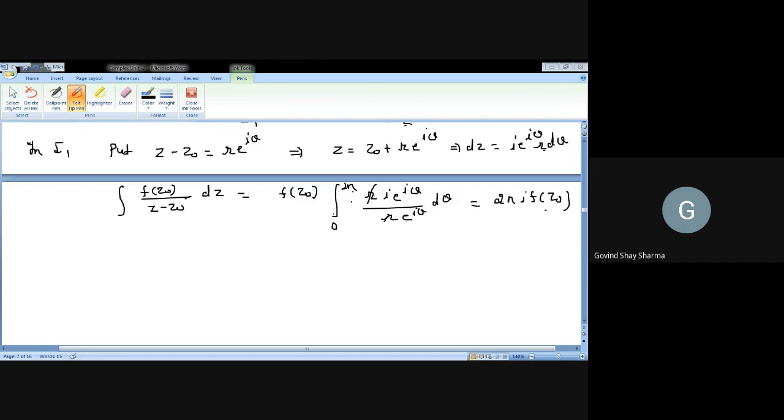The integration of d theta becomes theta from 0 to 2 pi. Putting in the limits, we get 2 pi iota.